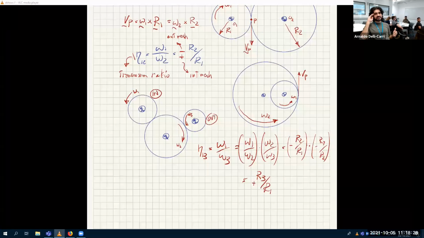So the fact is, when you want meshing gears, you must make sure that every tooth matches with a hollow part, okay? So that means if you have the same gears, the same dimensions, they must have the same number of teeth, okay? But if one gear is larger, you must have more teeth in a certain ratio.